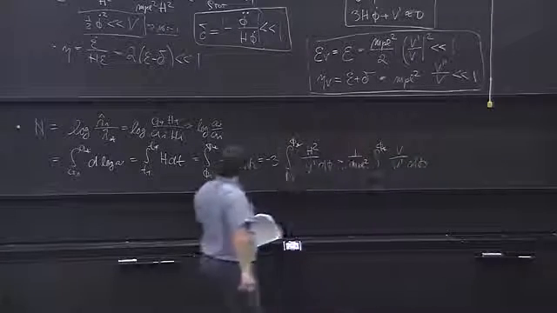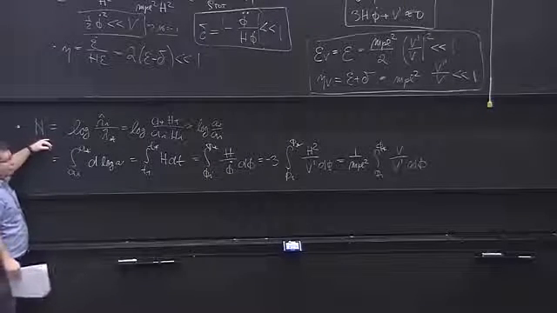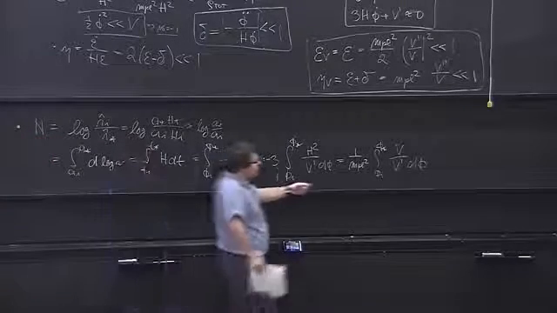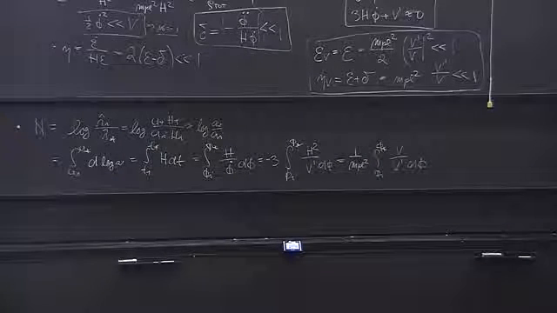So now you have an expression for the number of e-folds, provided that you know what your potential looks like. If you want, let's say, 40 to 60 e-folds, then you know how your theory should design your potential so that you get the right thing.